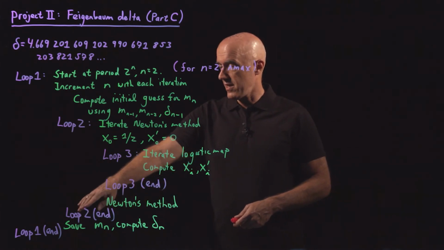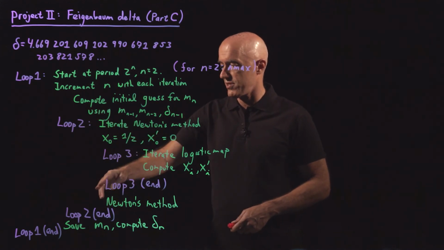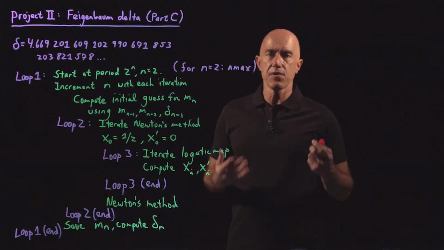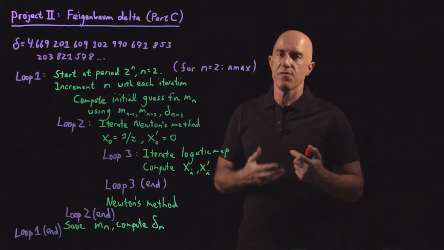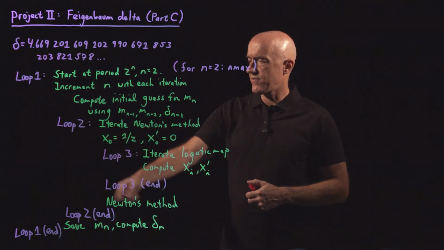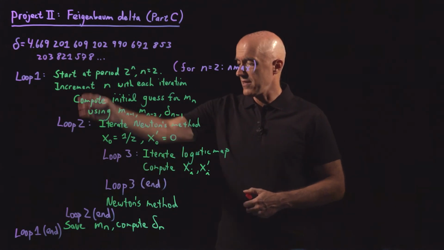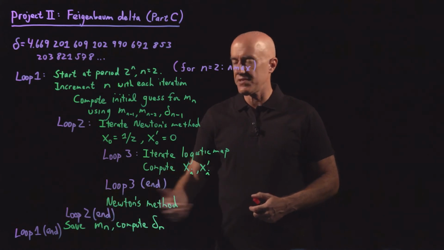Then we end Newton's method after Newton's method converges. So we loop through loop 2 a handful of times. It doesn't take very long for Newton's method to converge, maybe 3 or 4 times. So we loop until it converges. Then loop 2 ends, and we've computed our value of m sub n.